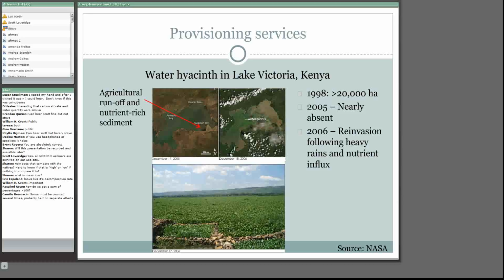In 2006, a reinvasion following heavy rains and nutrient influx resulted in these dead zones or loss of fishing productivity. So in this case, the effect of water hyacinth has been substantial in increasing the nutrient load in this system.